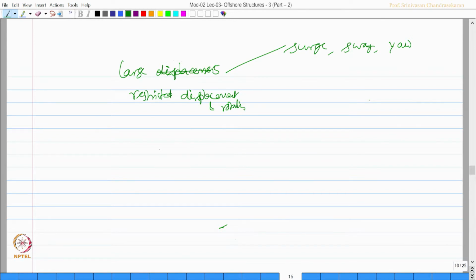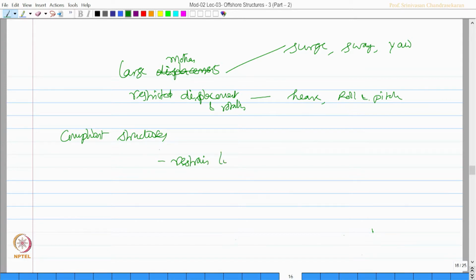I should say motion, large motion and rotation in heave, roll and pitch. So, friends, compliant structures restrict or restrain loads by displacements, but please note, not on all degrees of freedom.